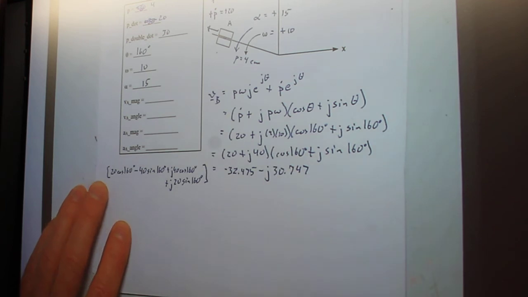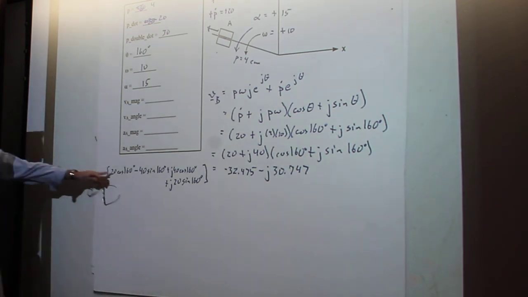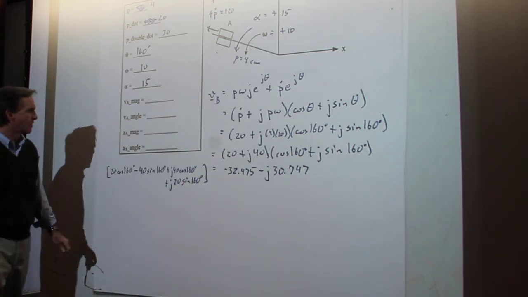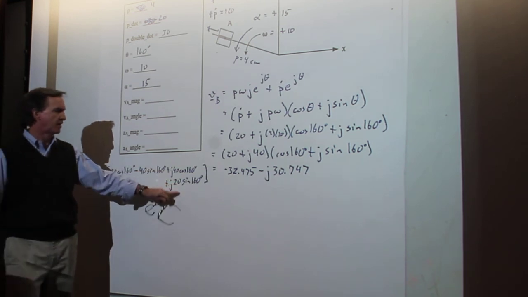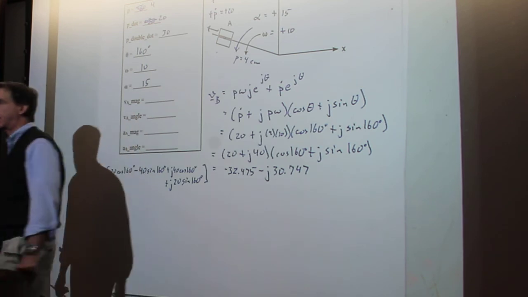And when I add these two numbers together, I get minus 32.475. When I add these two numbers together, I get minus j 37.47. Right?